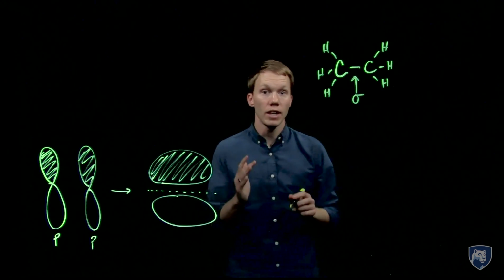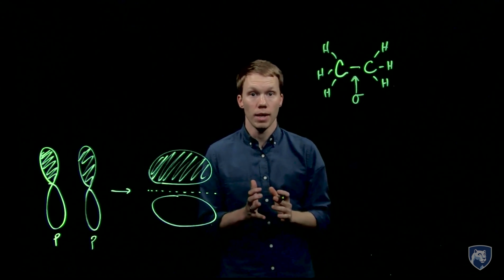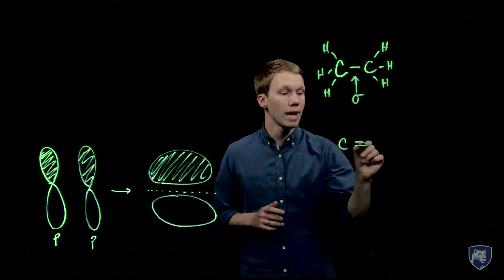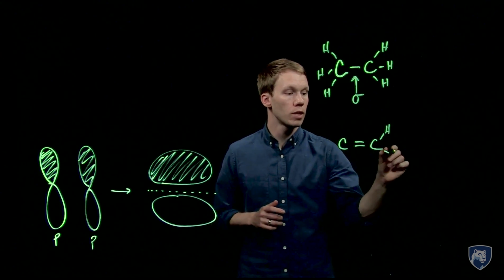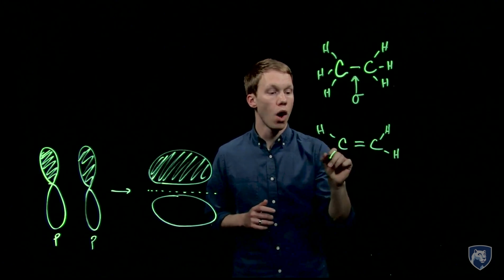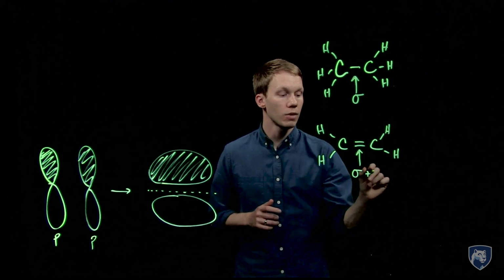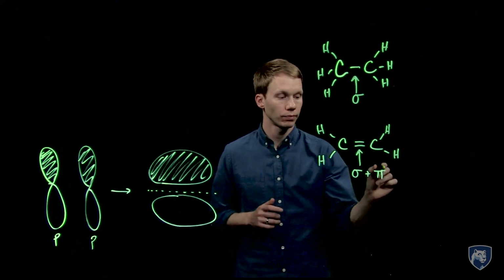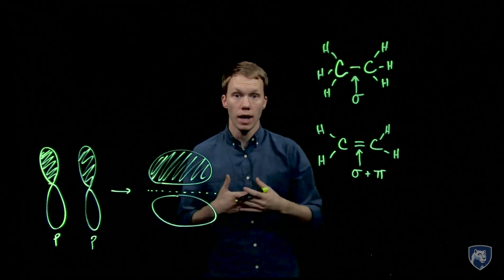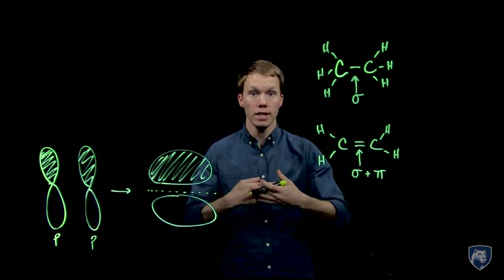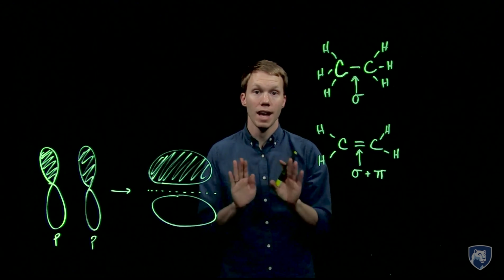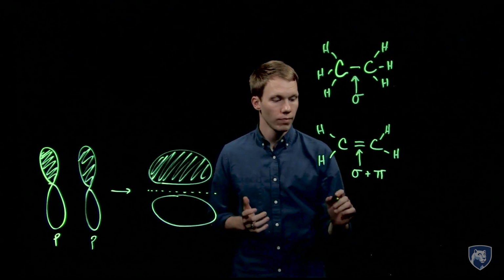And if there is only one bond, it is always sigma. When we have two bonds between atoms, there will always be one sigma and one pi. The first bond is that sigma bond. The second bond is that side-to-side overlap of p orbitals.